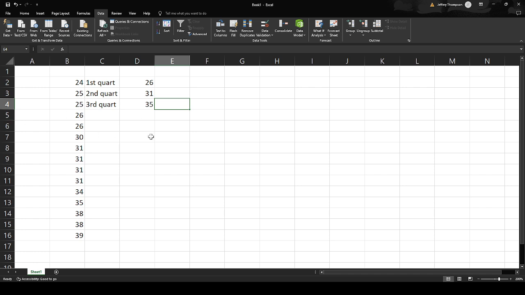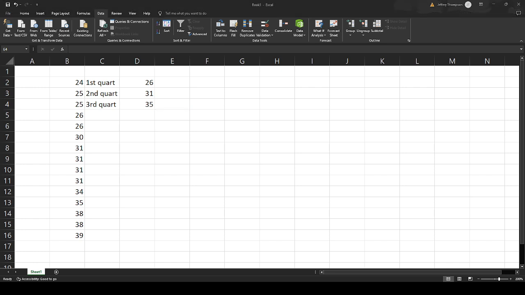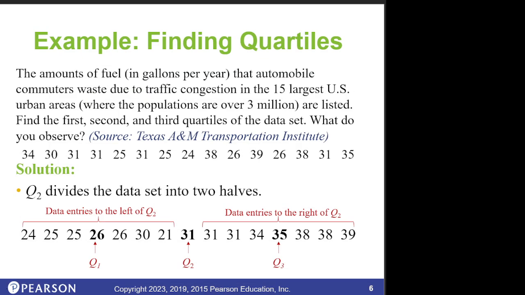So Excel can make this calculation easier for us. One of the things that happens if we have even values, we'll sometimes get that averaging that we saw with the median. And so we're going to look at some examples of that as we come across. But at least Excel gives us a way that we can find our quartiles in our data. And very shortly, we're going to look at what that means when we go to plot these.